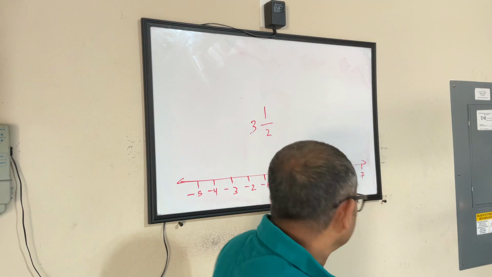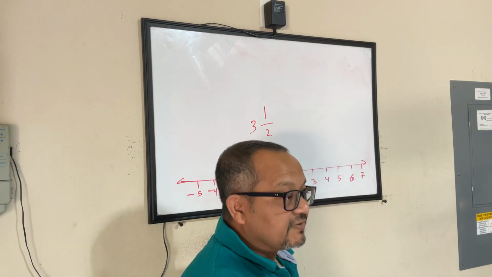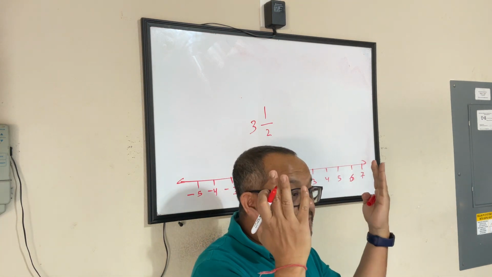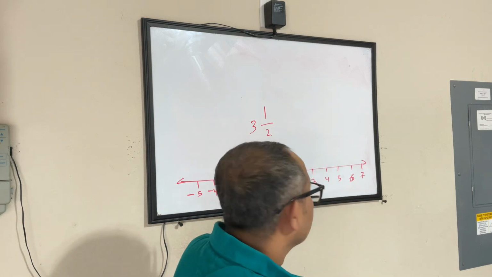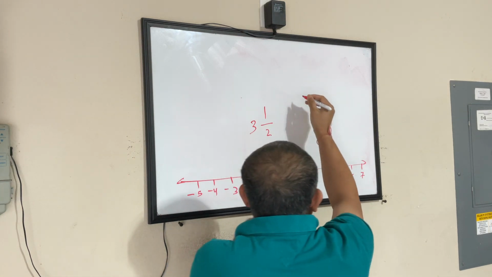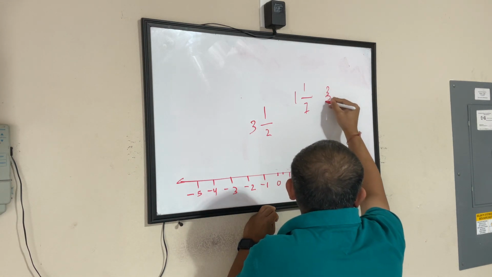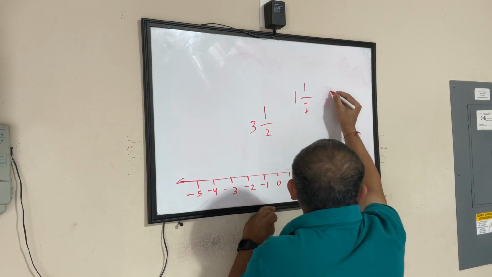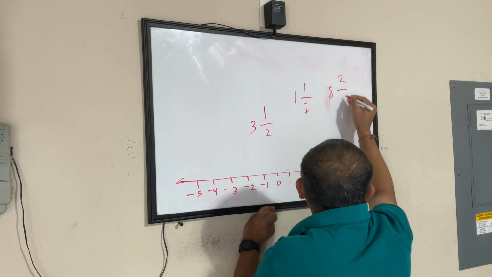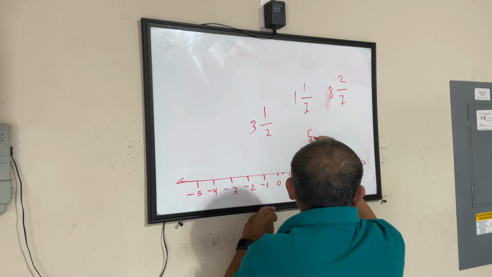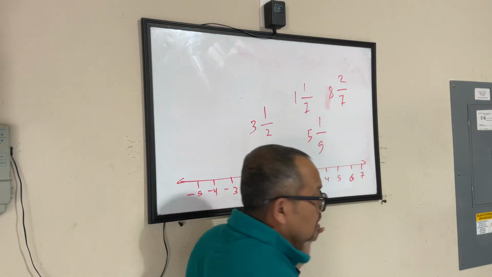So, this is a situation where we're talking about two types of number put together. That's called a mixed number. So you will see situation like this. So a mixed fraction.